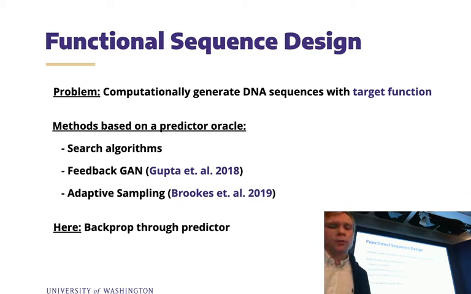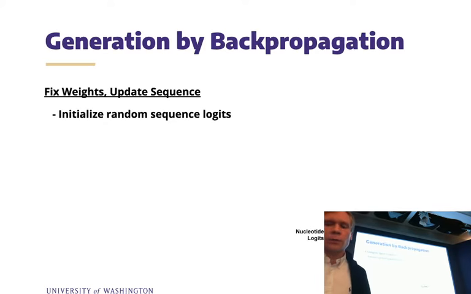We're going to assume that our predictor oracles are always differentiable all the way down to the input layer, which allows us to use backpropagation as a mechanism for training the DNA sequence to get better at this target function. So the basic principle of generation by backpropagation is that you start with some randomly initialized matrix of nucleotide logits.